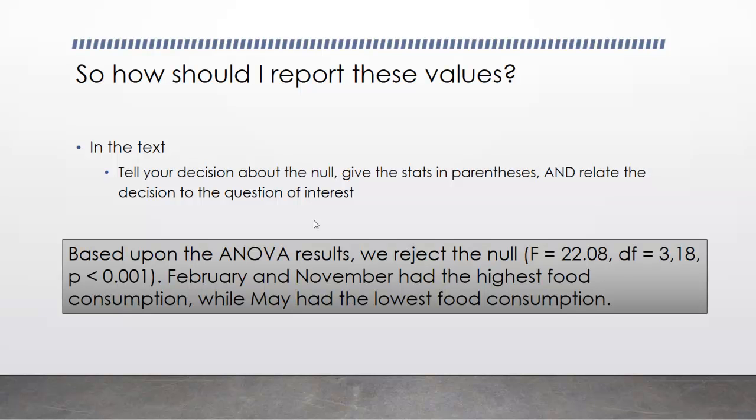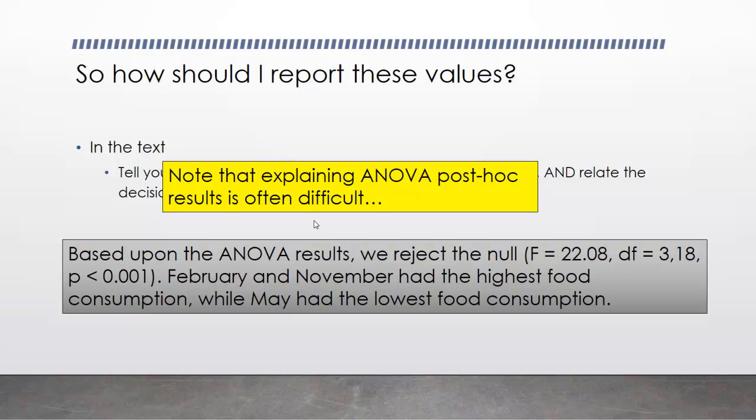And so you would say something like, based upon the ANOVA results, we reject the null. F equals blah, DF equals 3 and 18, P equals blah. February and November had the highest food consumption, while May had the lowest food consumption. Note, often when you try to explain the ANOVA post hoc results, it sometimes gets awkward.